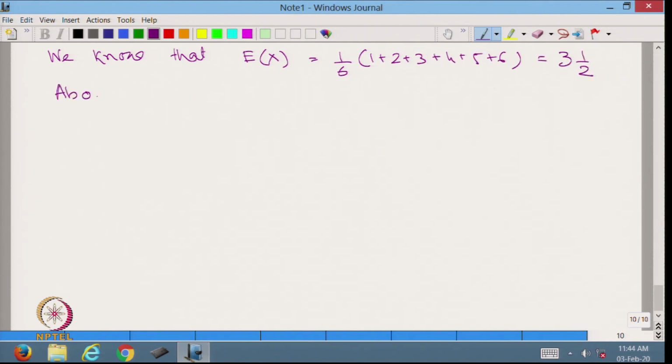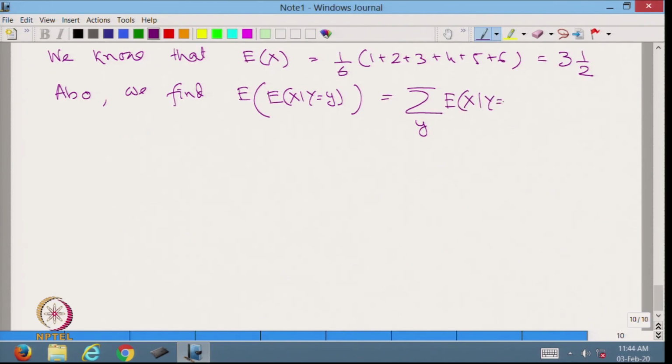Also, we find the expected value of the expected value of x given y is equal to y, which is sigma over y of expected value of x given y is equal to y into probability of y, is equal to 3 and a half.